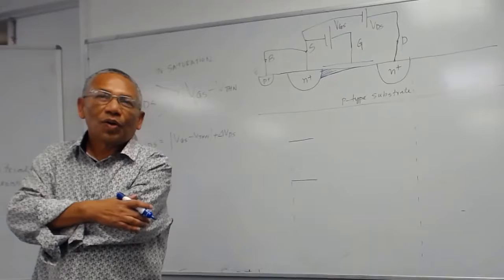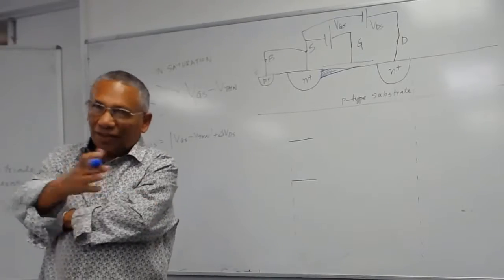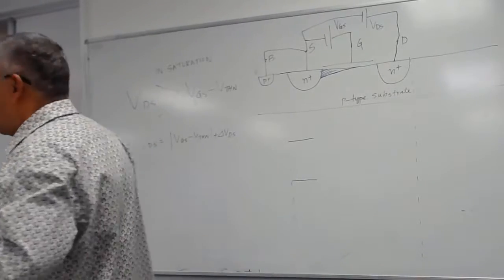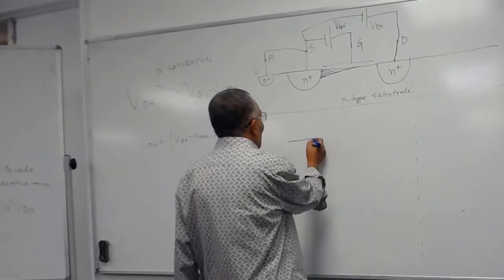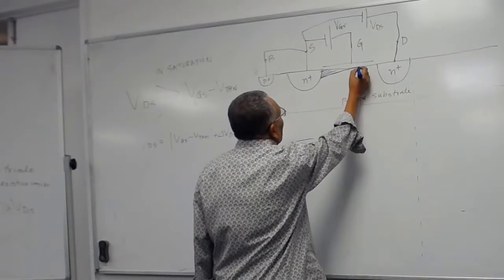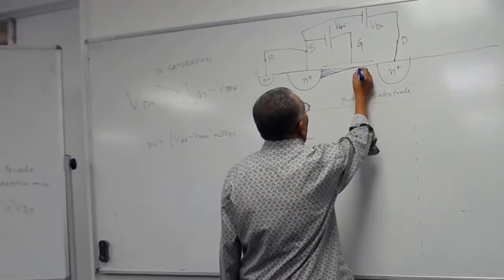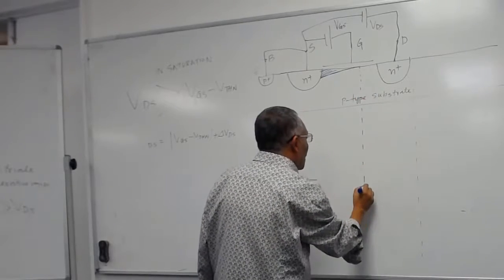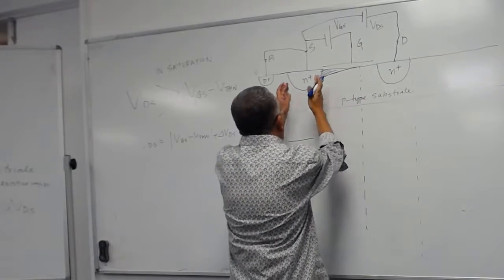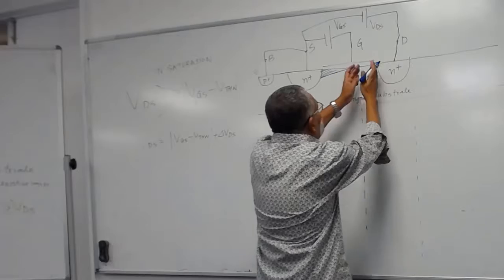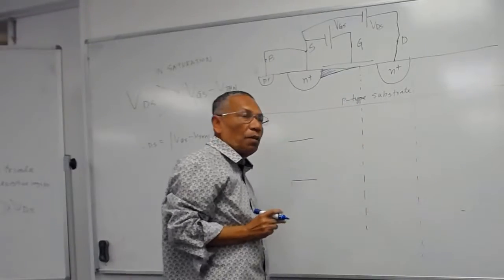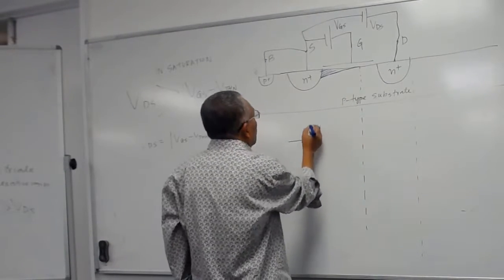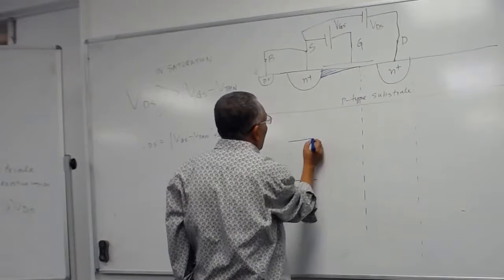I'll answer the question. Of course you want to know. Let me try. You draw this line and draw another line here. There will be four parts in your diagram. So this will go here, and then up to here.